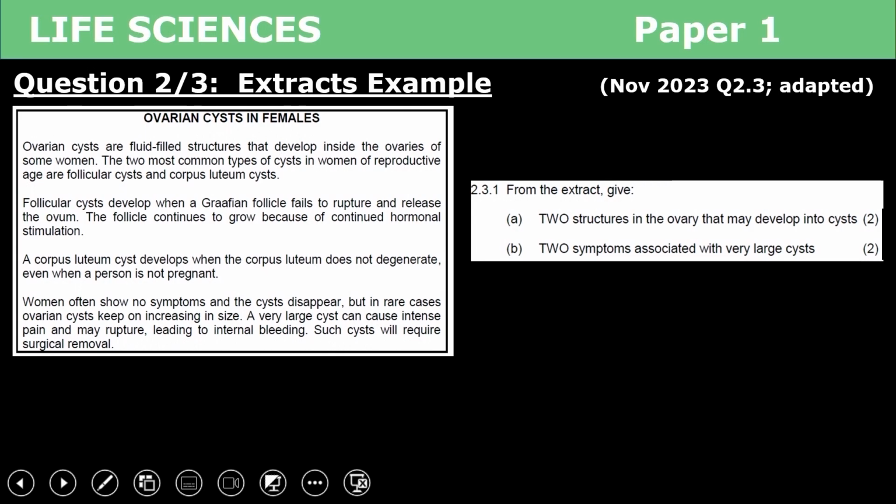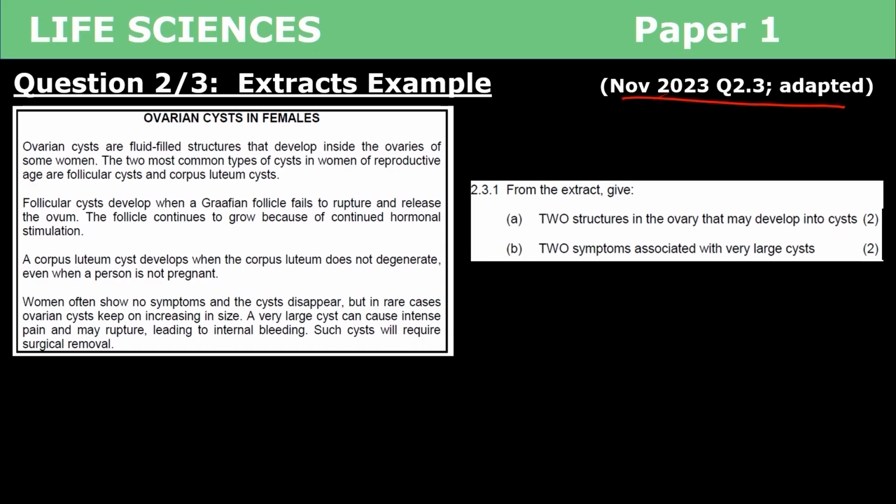Okay, now let's look at an example here. This is from November 2023, question 2.3, and it has been adapted for this lesson. Ovarian cysts in females. Ovarian cysts are fluid-filled structures that develop inside the ovaries of some women.